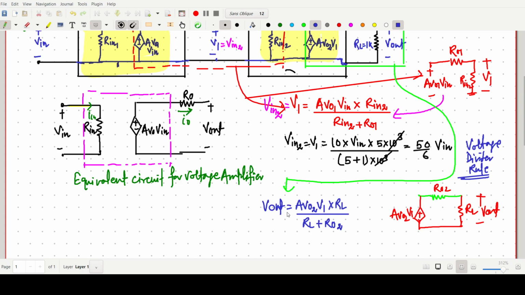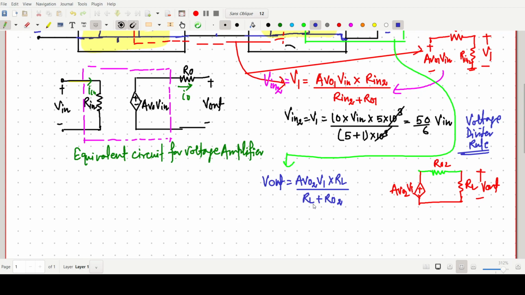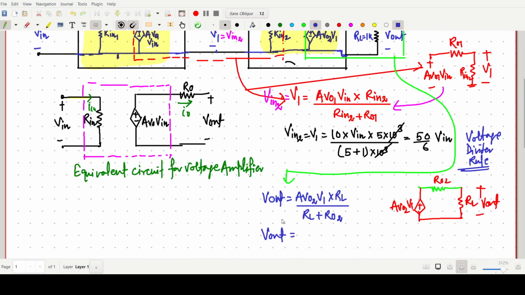Okay. So what we have to write? Again, V output equals AV naught 2. What is the value of AV naught 2? 5. So better to write 5. V1, for the time being, write V1. We know the value of V1, that is our V in.